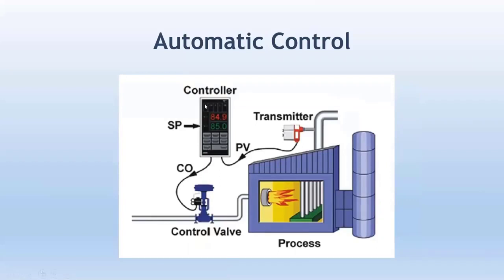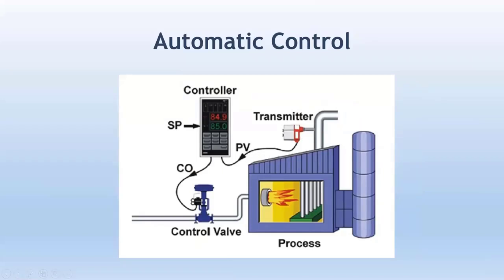For that reason, I will come into that. So what happened is that instead of a gauge, you put in a transmitter that is connected to the controller. The current value of the temperature inside the furnace is measured by the transmitter, and that's called the process value, or PV.